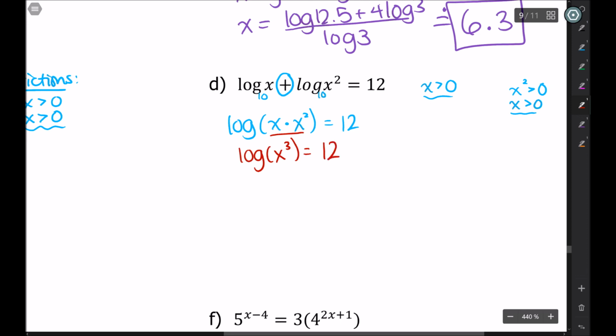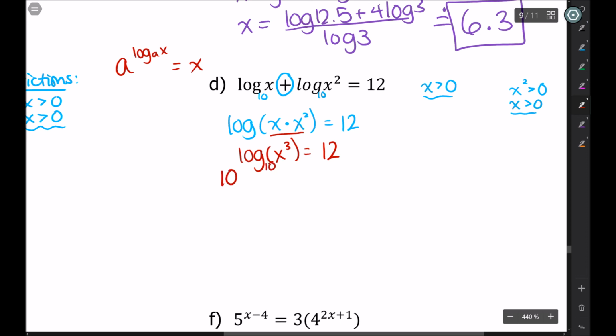Okay, now just a reminder that if we have a to the power of log base a of x, that's just going to equal x right here. So to get the log out of here, so I have the x alone, I can raise each side to the base that we have here, and our base is an invisible 10.